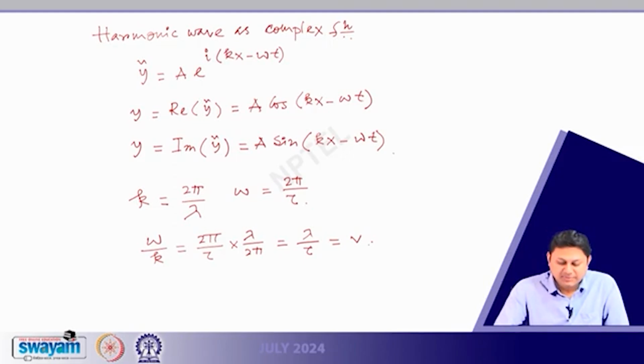Lambda is the spatial period, and tau is the temporal period of a harmonic wave, and omega and k are related in this way, so that at the end of the day we find that omega divided by k is the velocity at which the wave is moving.